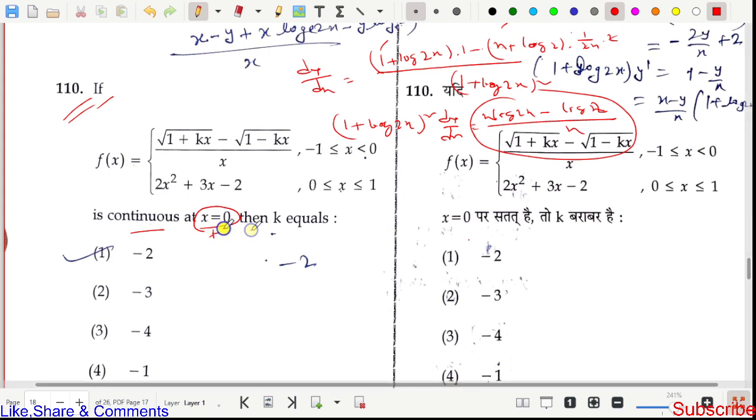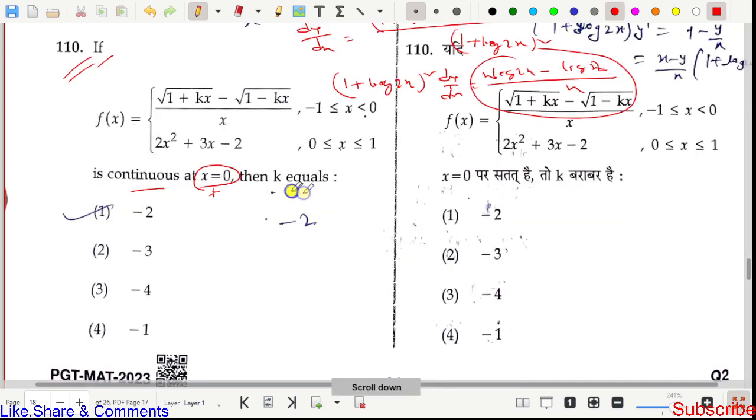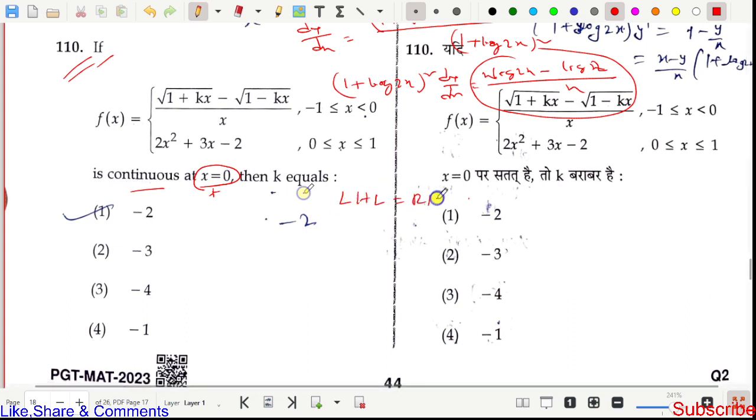So since the function is continuous at this point, the function value and limiting value will be the same. That means the left hand limit and right hand limit both will be the same.